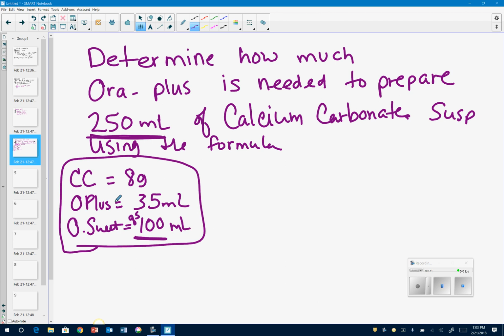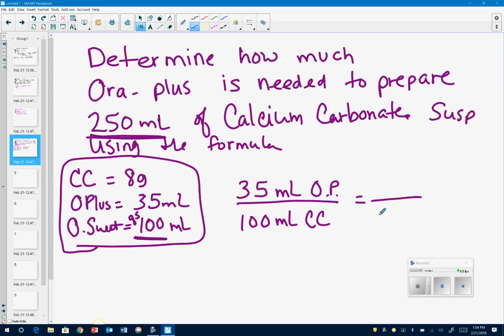So we know that, of course, there's 35 milliliters of the Aura Plus in 100 milliliters of the calcium carbonate suspension. And then, of course, you want 250 milliliters of your calcium carbonate suspension.